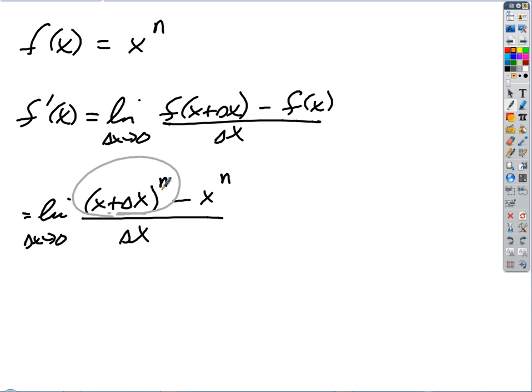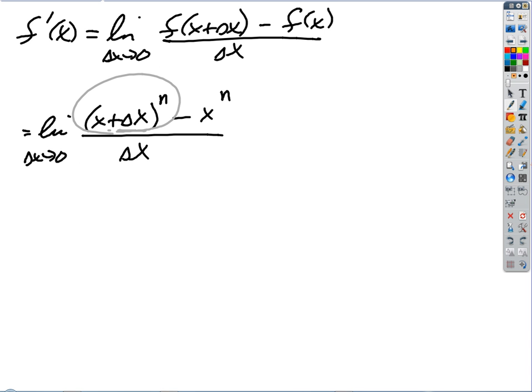If I were to expand this out, based on what we just saw, we end up with the limit of all this stuff right here is just going to become x squared plus n, right? Because that's the power.